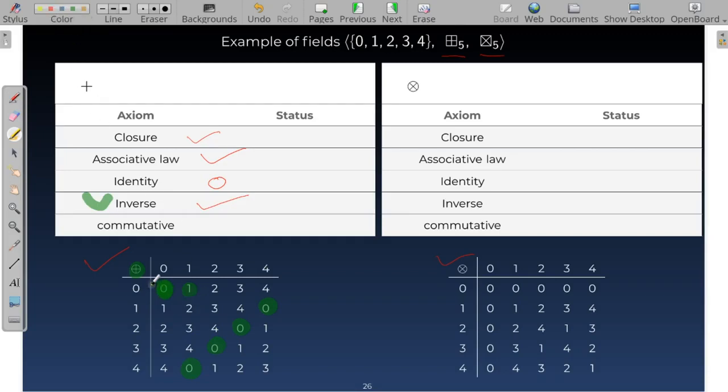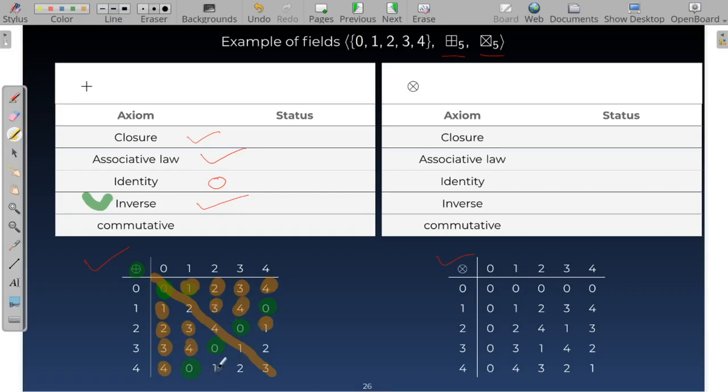You see that this is actually symmetric around this main diagonal. So along the principal diagonal it is symmetric. You have 1 here, then you have 1 here. You have 2 here, then you have 2 here. You have 3 here, then you have 3 here. You have 4 here, you have 4 here. You have 4 here, you have 4 here. You have 3 here, you have 3 here.